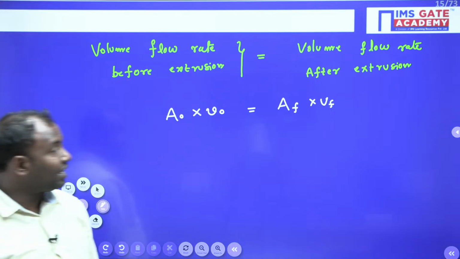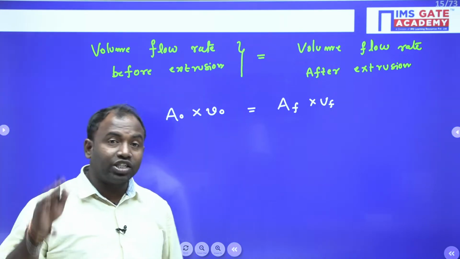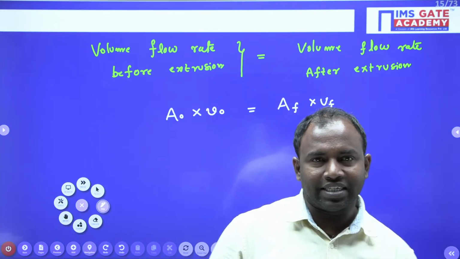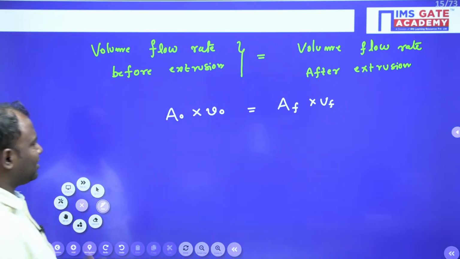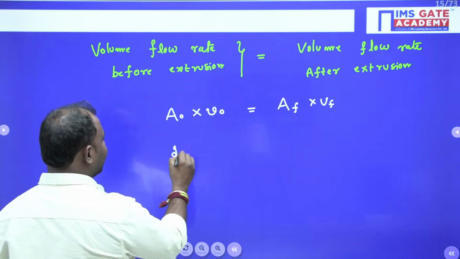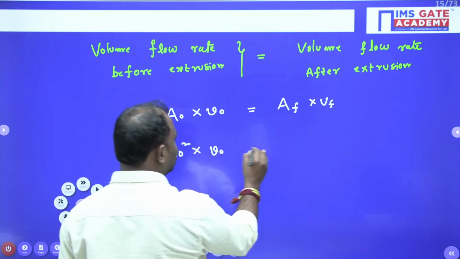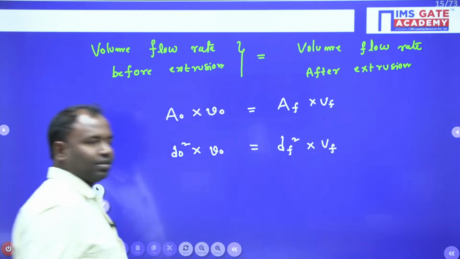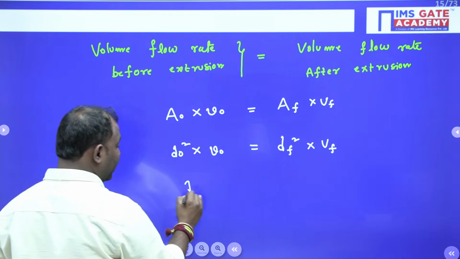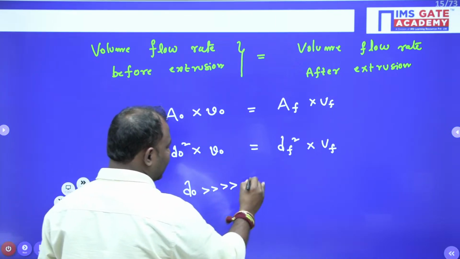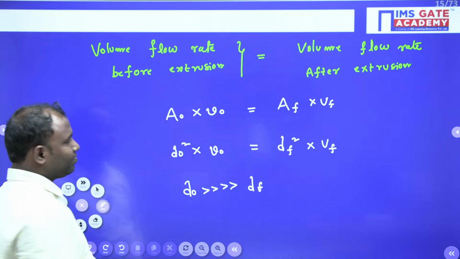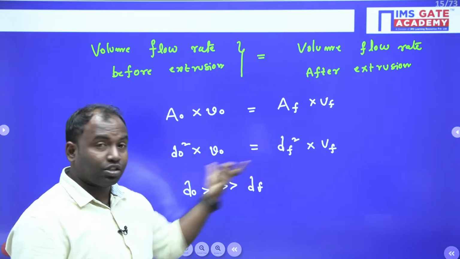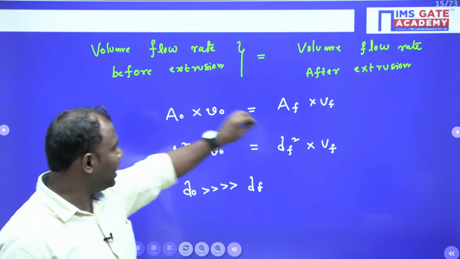Now I would like to highlight which velocity is greater: either the initial velocity of the extrusion or the final velocity. That is what we are supposed to decide. If you observe this small analysis, d naught square into V naught is equal to df square into Vf. As I said, d naught is very much greater than df. That means d naught square is large and df square is less.